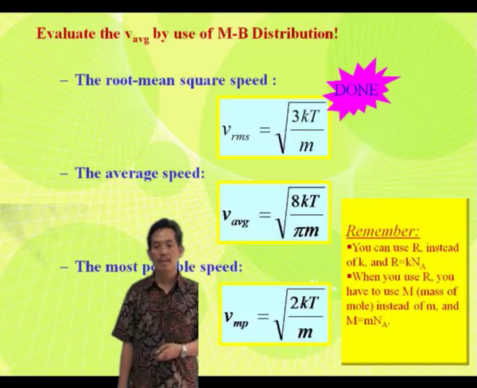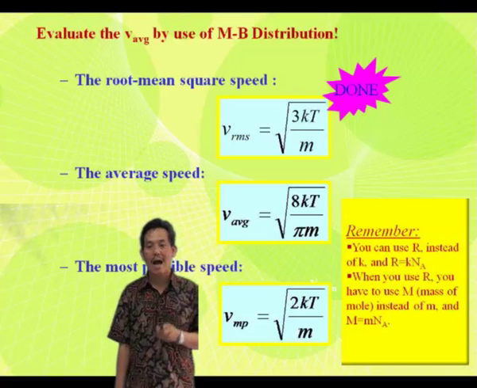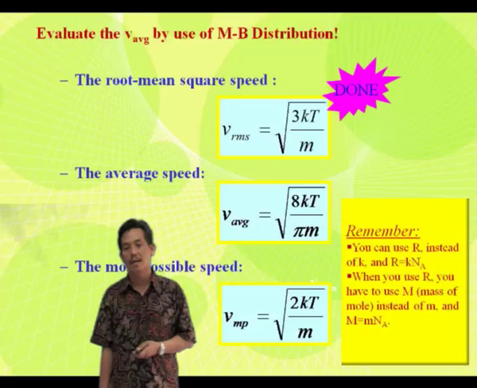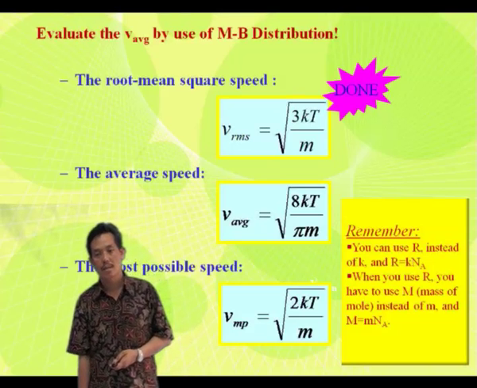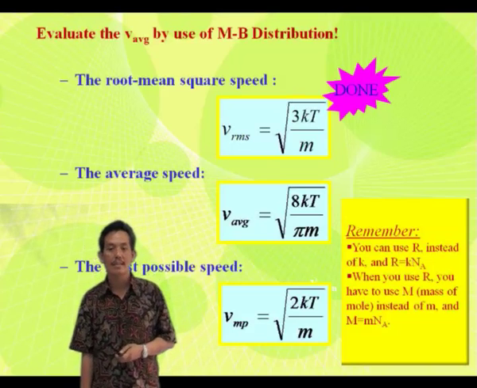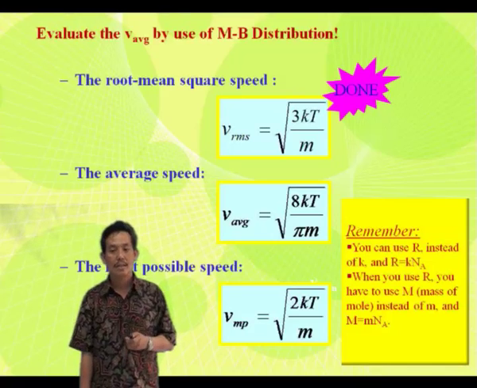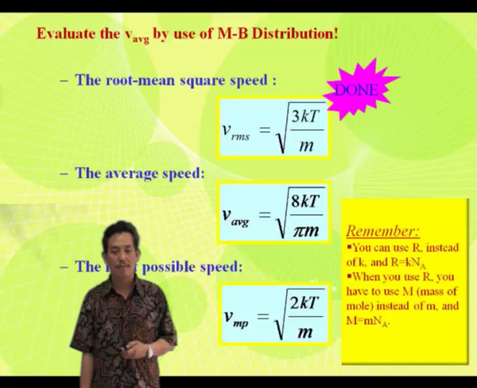You need to remember that you can use R, capital R, the constant, instead of k. And you know that R is equal to k times Avogadro number. But this must also be remembered.